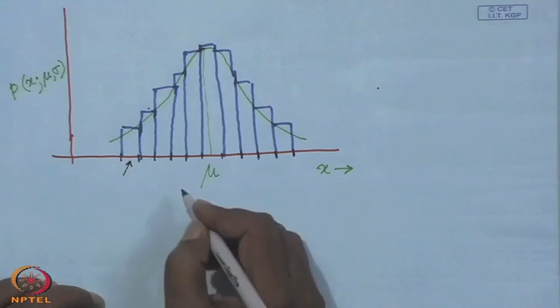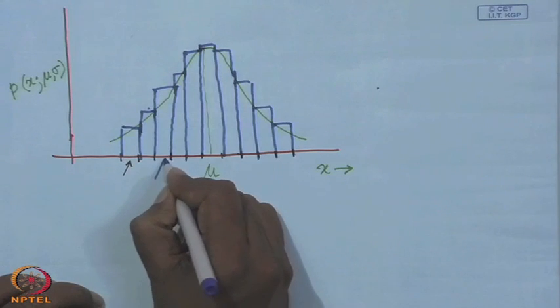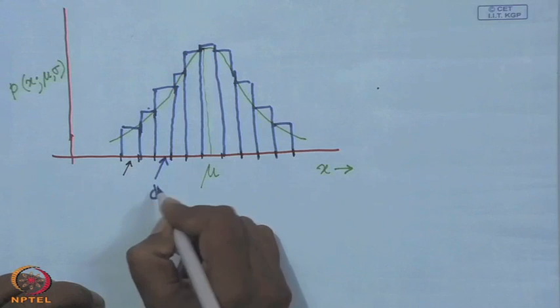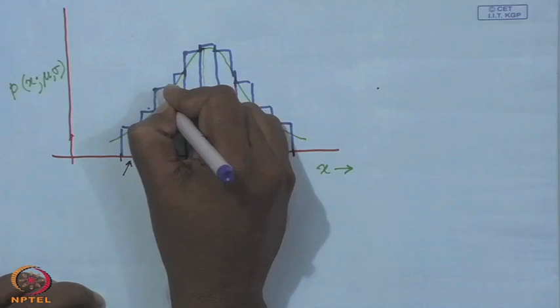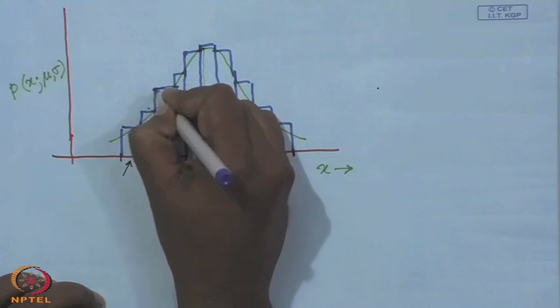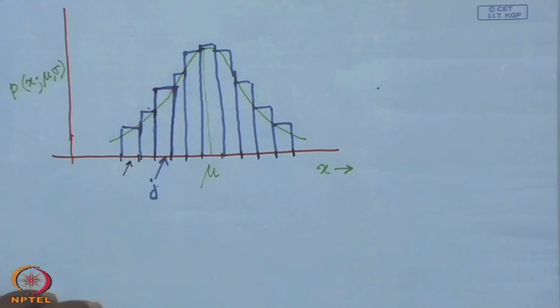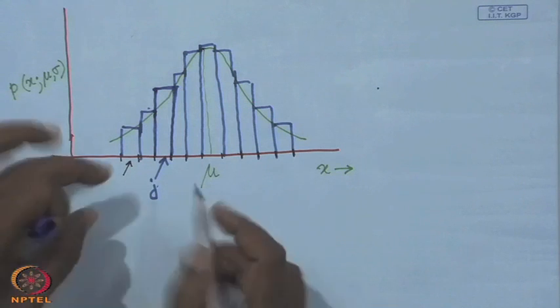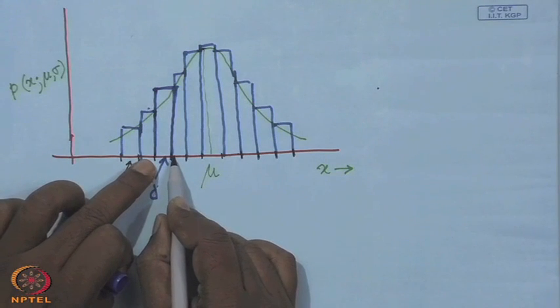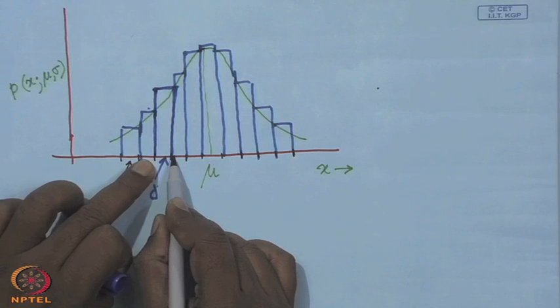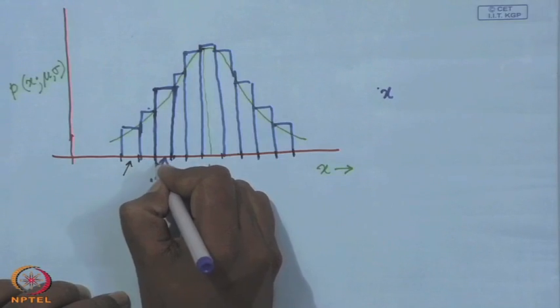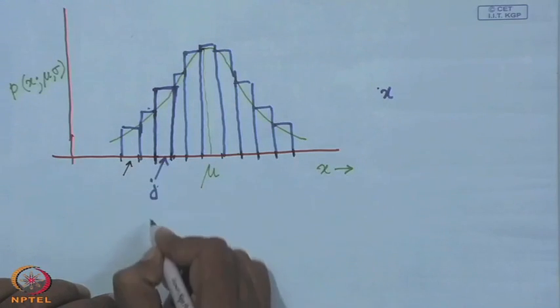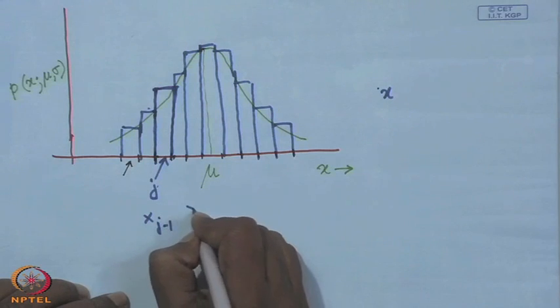Now, once I do that, if I take any of these intervals, a jth interval, you find that in the jth interval, the height of this bar that I have indicates what is the fraction of the samples that fall under this particular interval, right. So, for all the samples x, suppose the boundary of this interval is given by x j minus 1 to say x j.